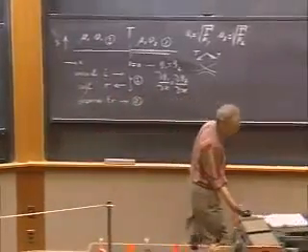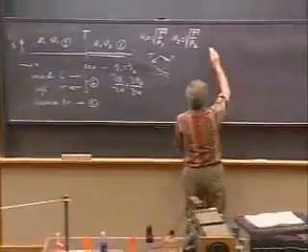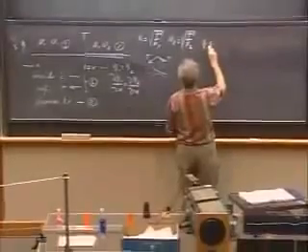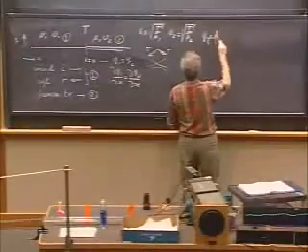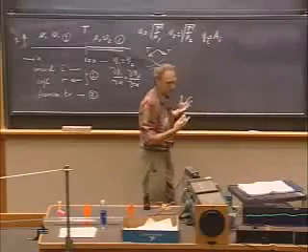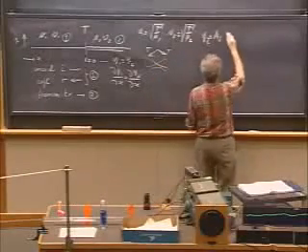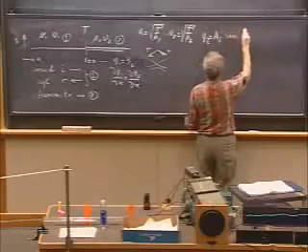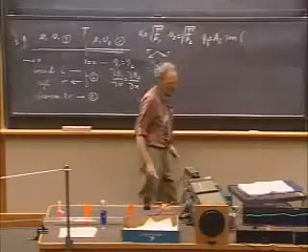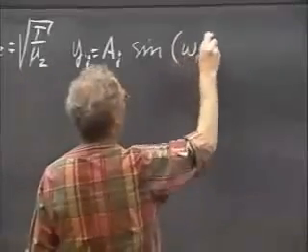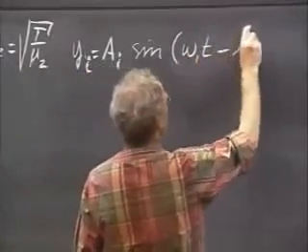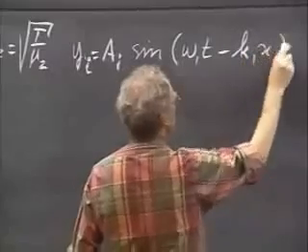The wave comes from the left. And so y1, the incident wave, has some amplitude A of I, the amplitude of the incident one, times the sine of omega 1t minus k1x.